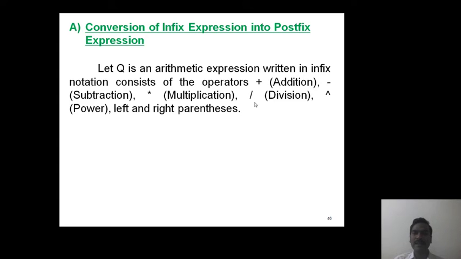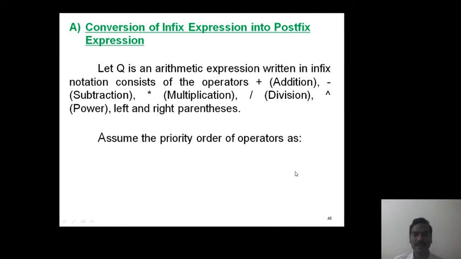In addition to these arithmetic operators, we consider another two symbols, left and right parenthesis. Here, the expression consists of a number of operators like plus, minus, asterisk, division and cap. Hence, first we design a precedence table.